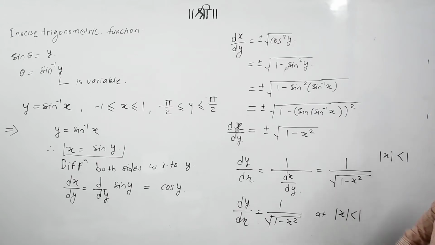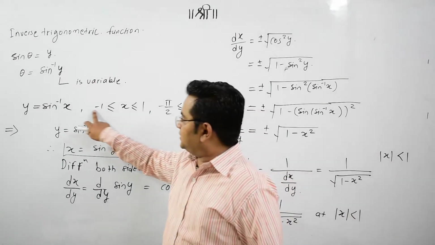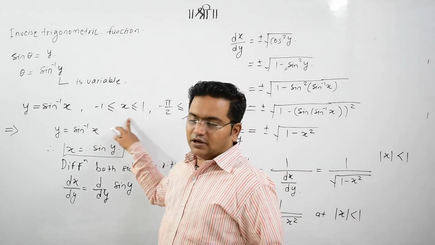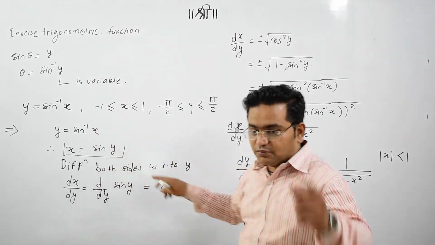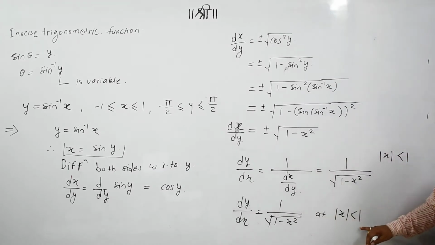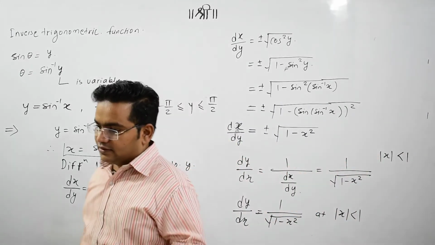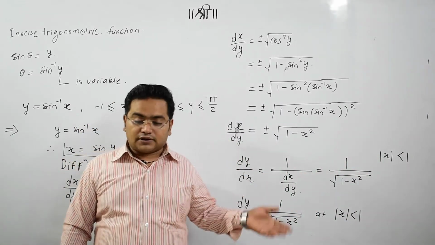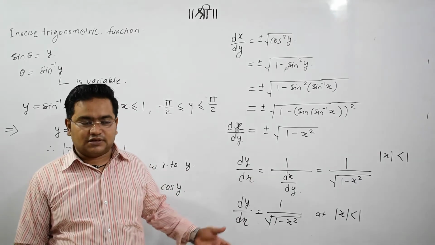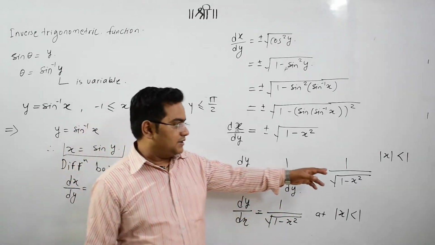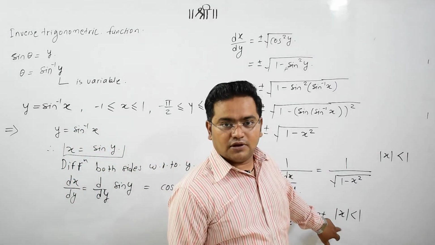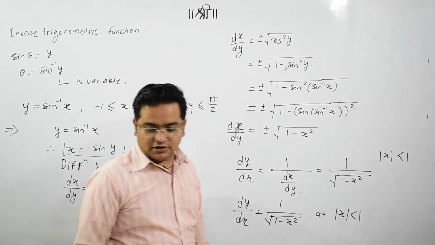If it exceeds 1, this situation is invalid. So we cannot apply this situation. Most important thing. And therefore this value contains this parameter. Now this can be applicable to the inverse functions of tan, cos, cot, sec, cosec. At that time we require this mod in a different parameter. Okay, so right now this is the permanent situation.